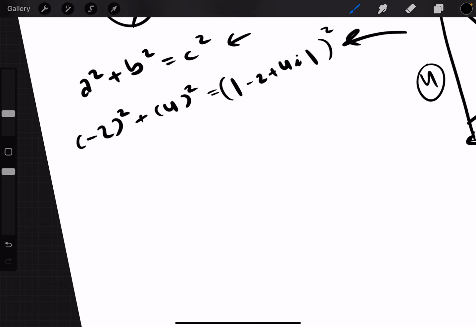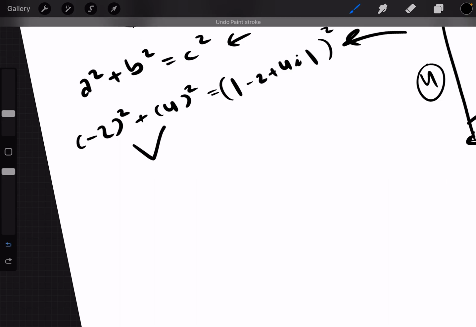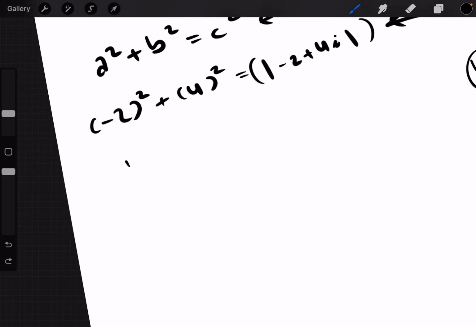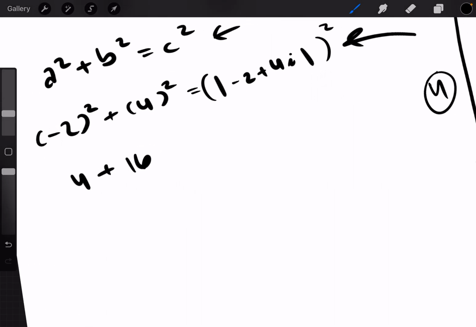Now that we have this equation, let's solve this side right here first. So (-2) squared is 4, plus 4 squared, 16, right? And over here is the absolute value of -2 plus 4i, our complex number, squared.